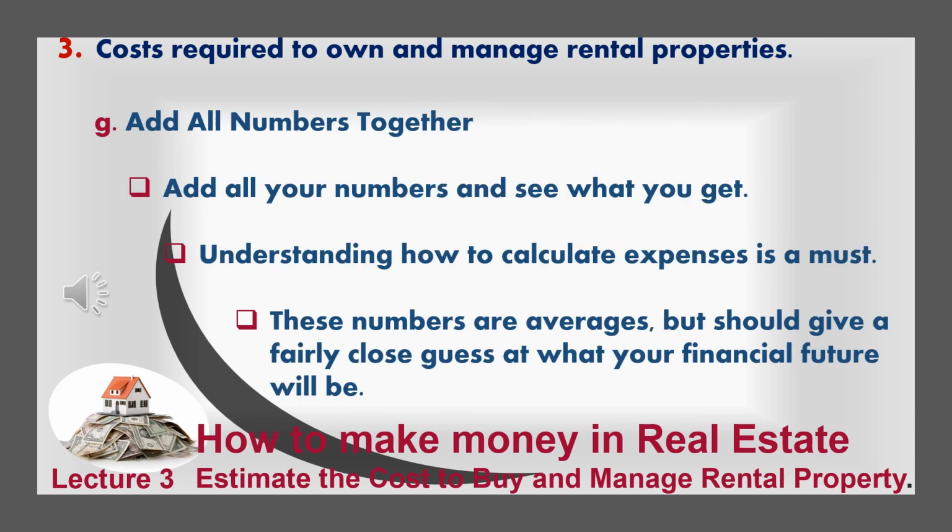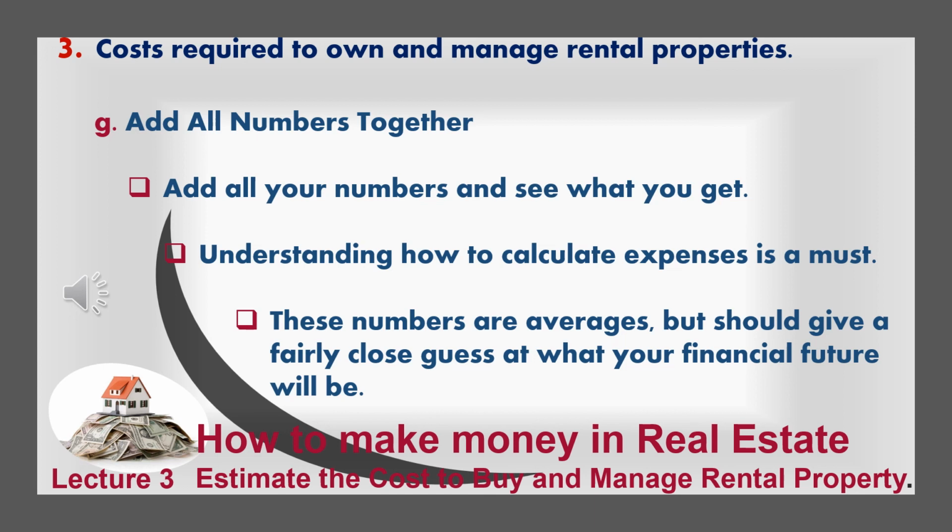Add all together. Finally, it's time to add all your numbers and see what you get. At this point, it's as easy as adding, subtracting, and a little multiplication, using a calculator. Understanding how to calculate expenses is a must. There is no perfect way to predict the future of your investment property, but taking a simple, mathematical approach to expenses will be very helpful.